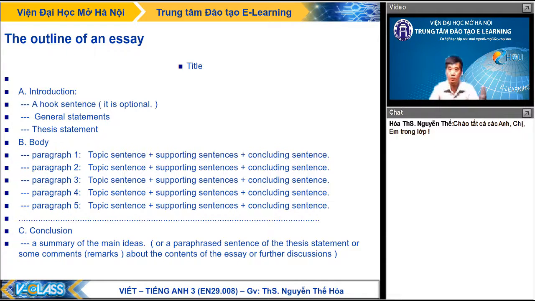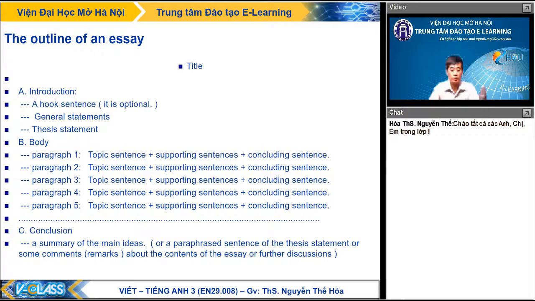I repeat, the structures of a paragraph should be topic sentence, supporting sentences, concluding sentence. In some cases, we don't need to write, especially the concluding sentence in the body paragraph. Sometimes we may need to write a concluding sentence.